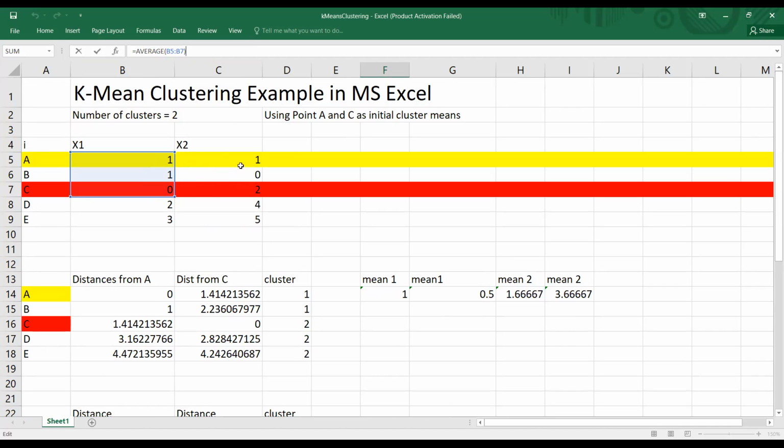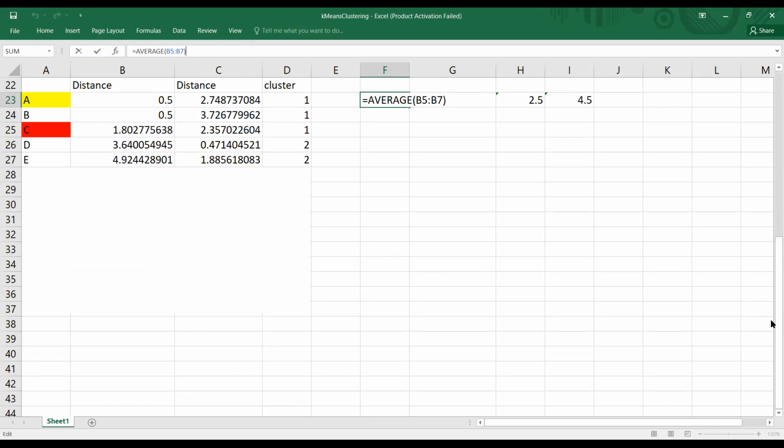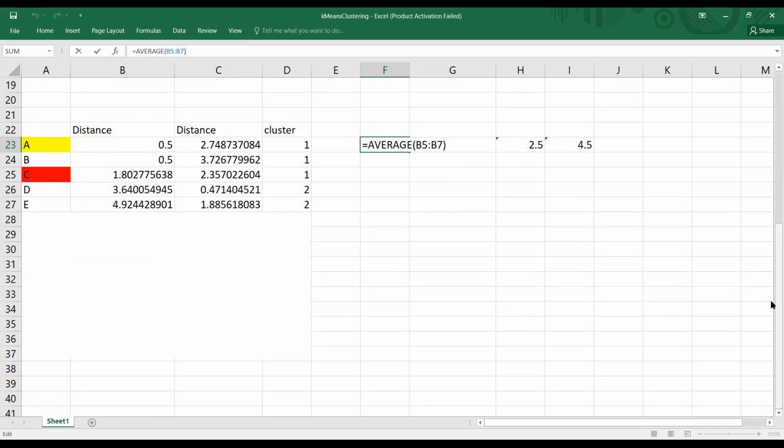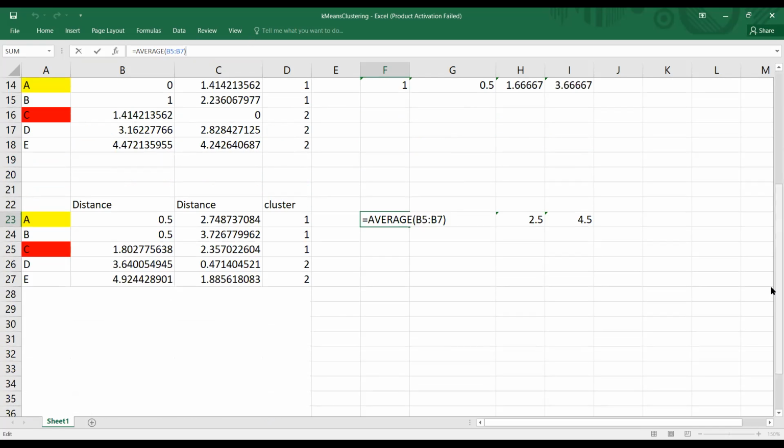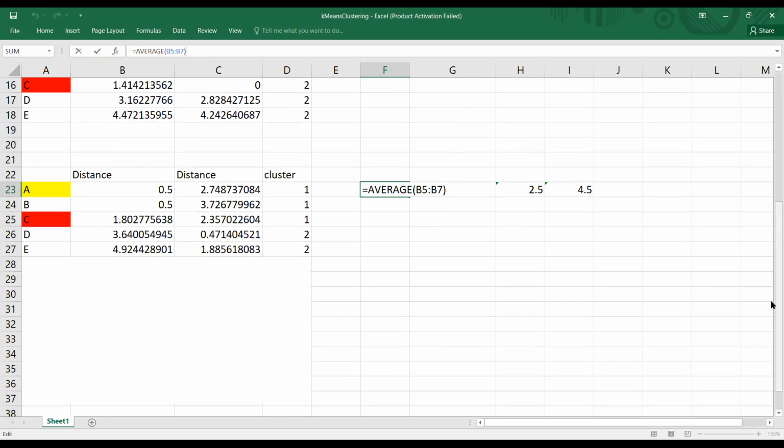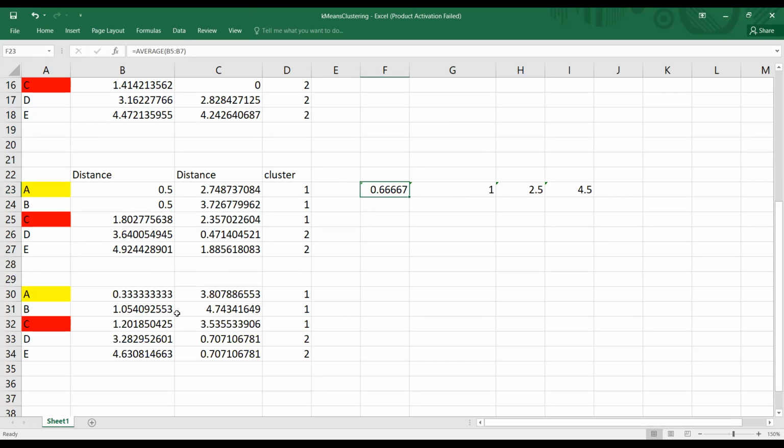Similarly, the mean of the first cluster y coordinate, the mean of the second cluster x coordinate, and the mean of the second cluster y coordinate are to be calculated. After calculating these means, the distances are calculated again: the distance from point A to mean 1, and point A to mean 2. And you can see the smallest distance is this.